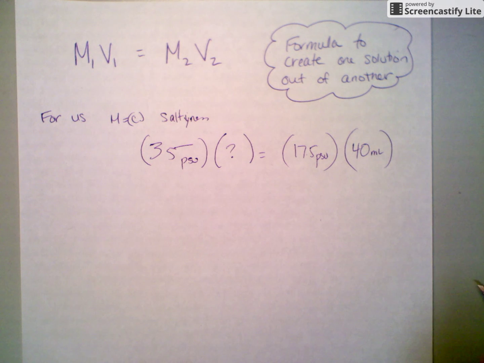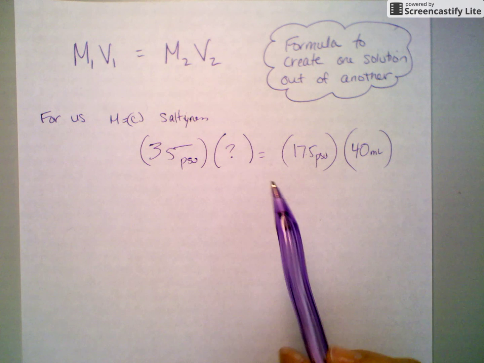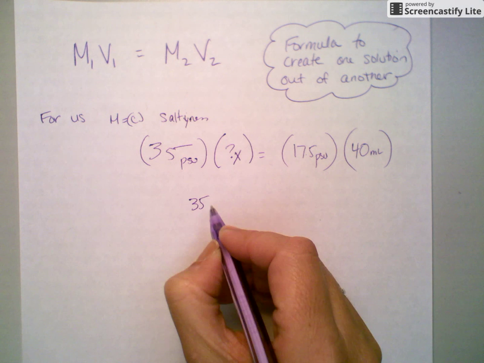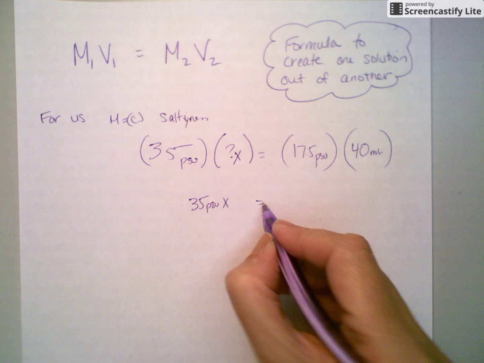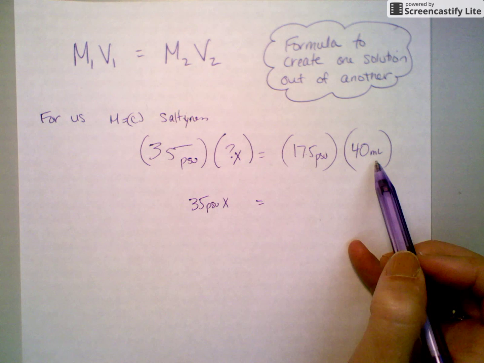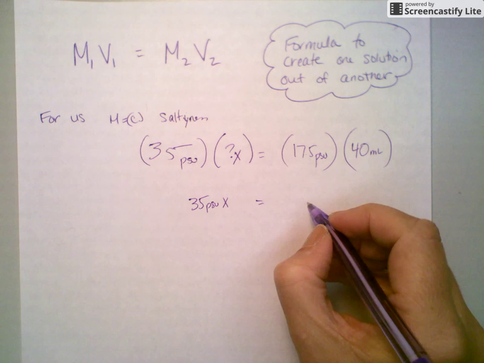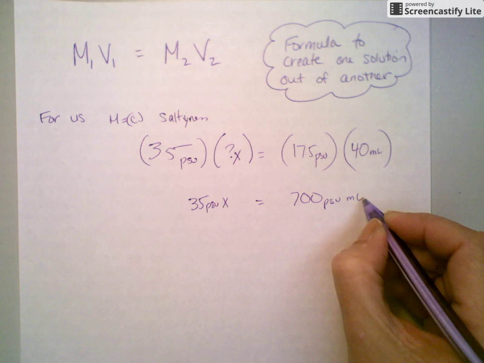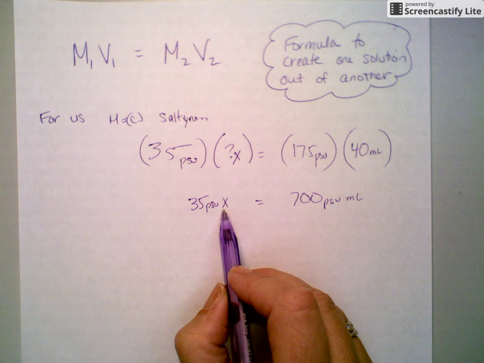So to create this, we're basically going to solve for the unknown. So we're going to solve for X here. So we've got 35 PSU times X equals 17.5 times 40. So let's go ahead and do the math. That is 700 PSU mLs. And that's not good enough. So we want to solve and get X all by itself over here.